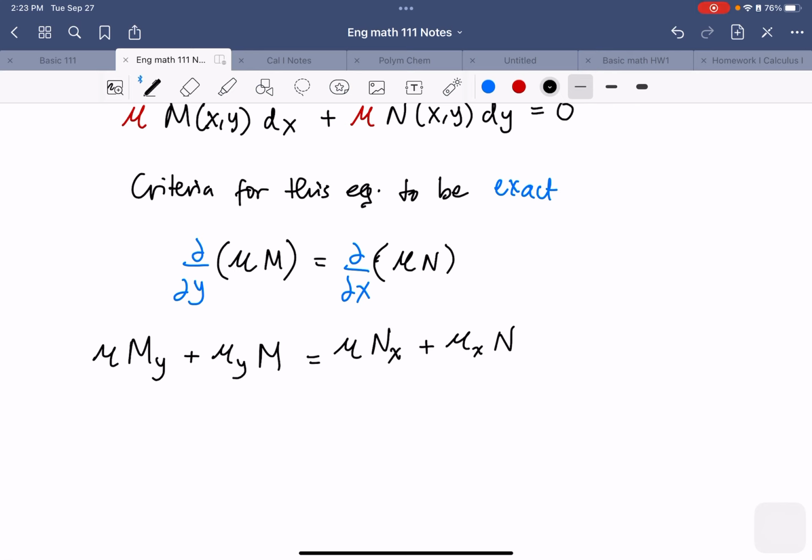Then let's rewrite and simplify, grouping all the mu together. Let's group the mu here and here. On the right side, let me write mu in blue to make it clear. Let's move N x to the left, it will be M y minus N x.